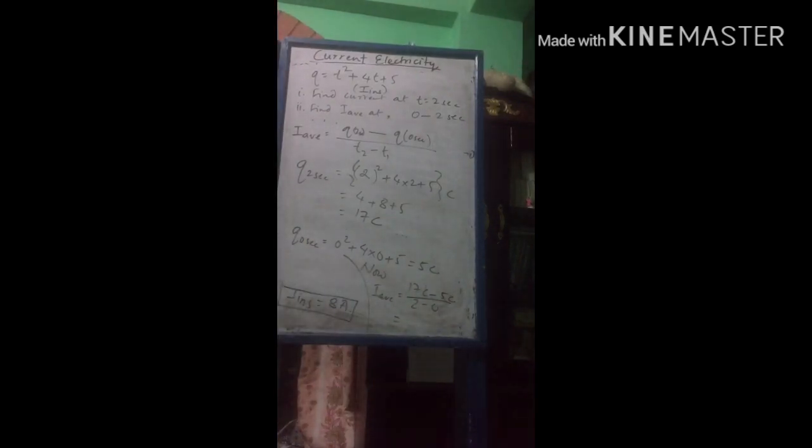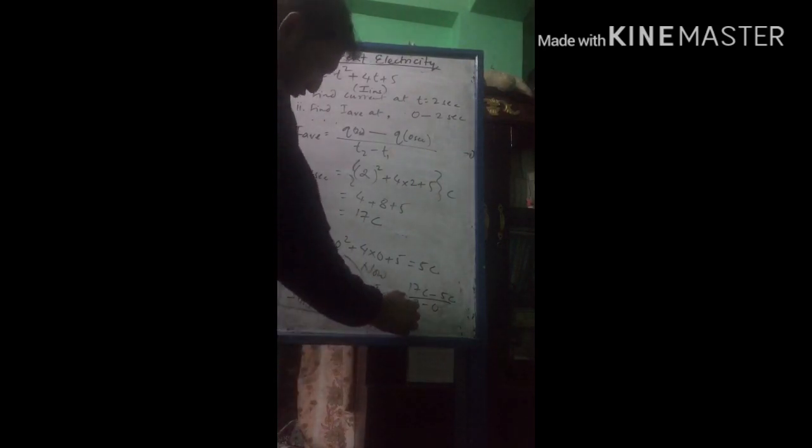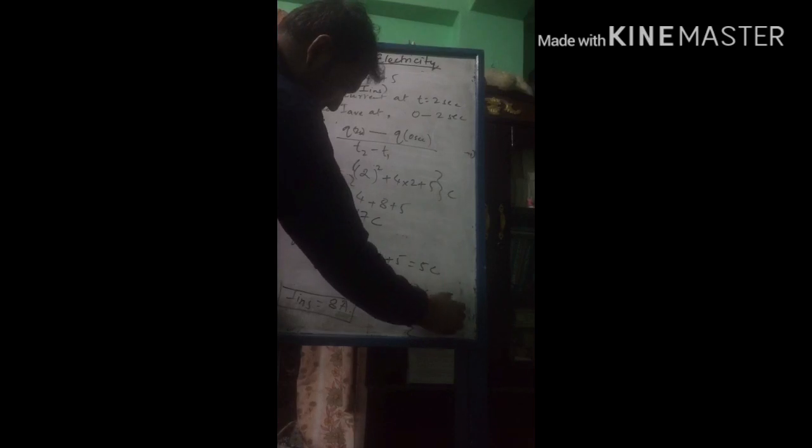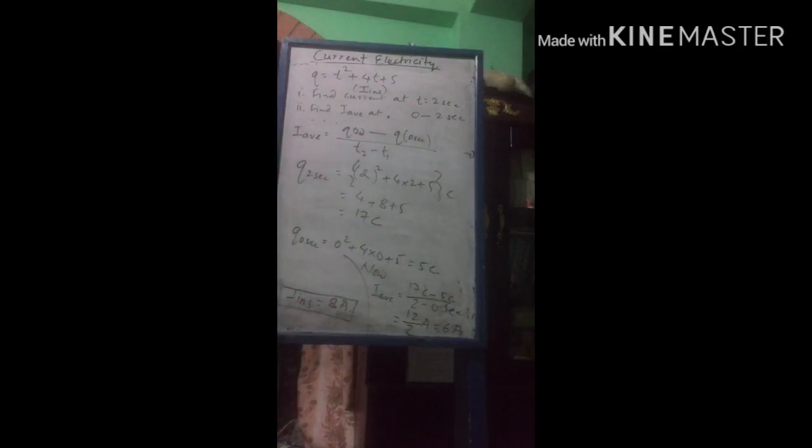That is 17 minus 5, 12, by 2, 12 by 2 equals 6 ampere. 6 ampere.